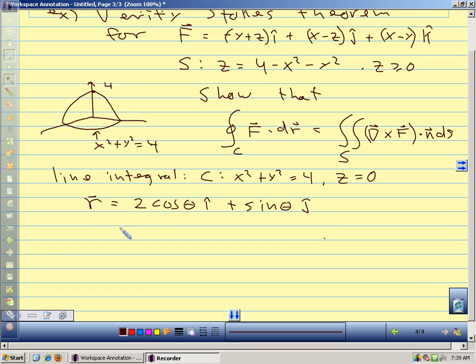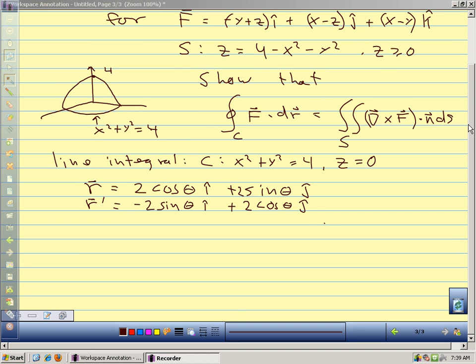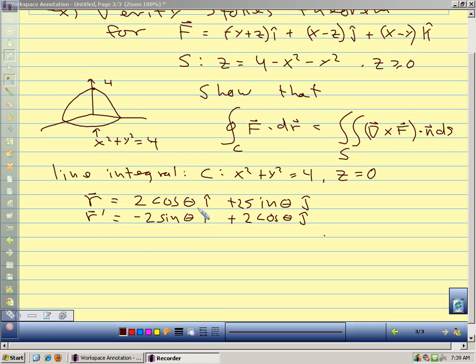Then we need r prime. r prime is minus 2 sine theta i plus 2 cosine theta j. And we need to express F in terms of our parameterization for our line integral.